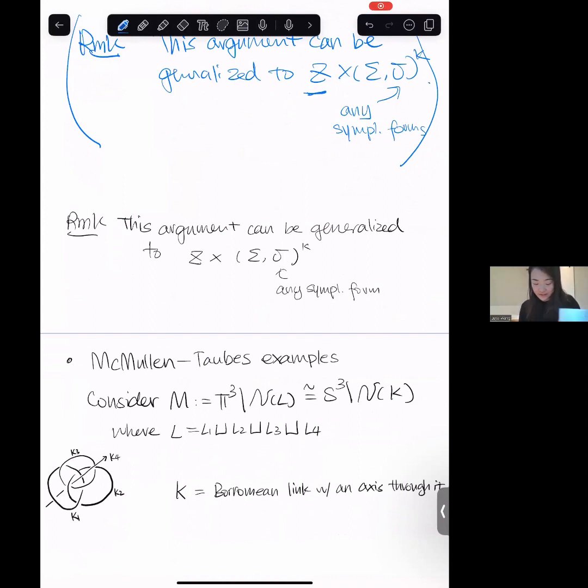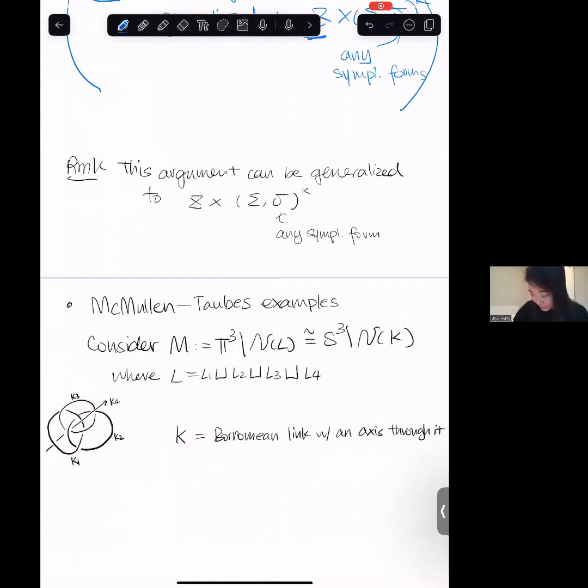Their construction is based on different fibrations of T3, essentially. What they do is you first consider the diffeomorphism of the neighborhood of L1, L2, L3 between these two manifolds given by zero surgery on the Borromean rings.